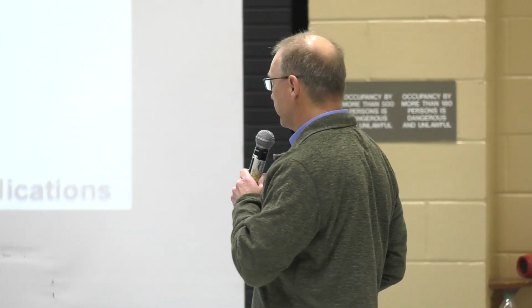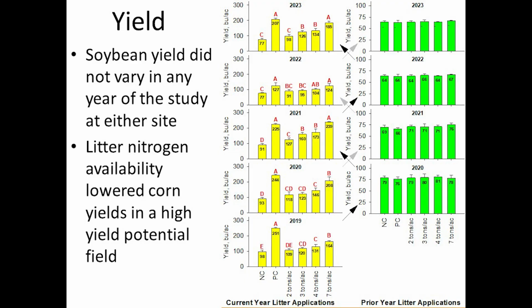And what that is emphasizing to you is that the nitrogen in the litter is not 100% available. On high yielding corn ground, you just simply cannot consistently maximize yield using just litter, even with an over-application. And I certainly think 7 tons would be an over-application. So that emphasizes the importance of the nitrogen management for the litter.